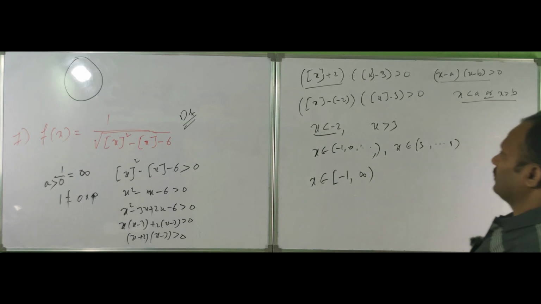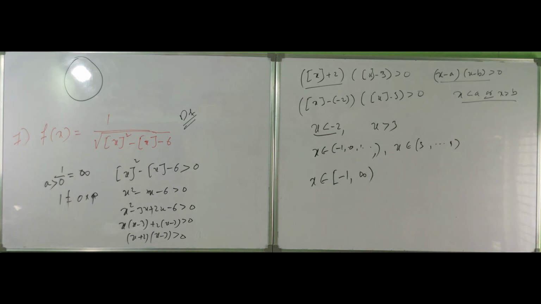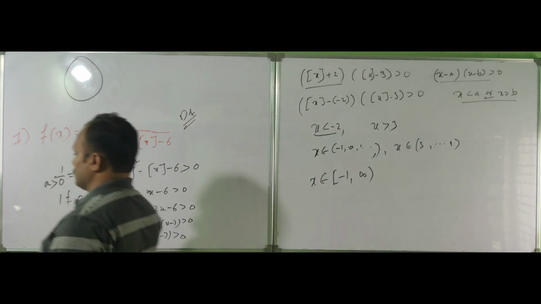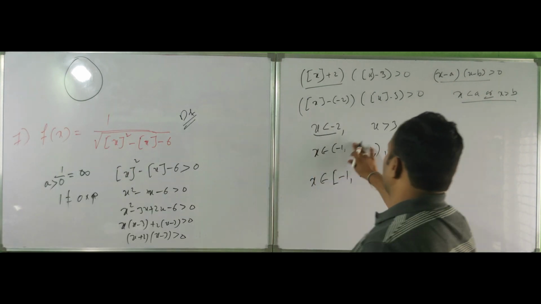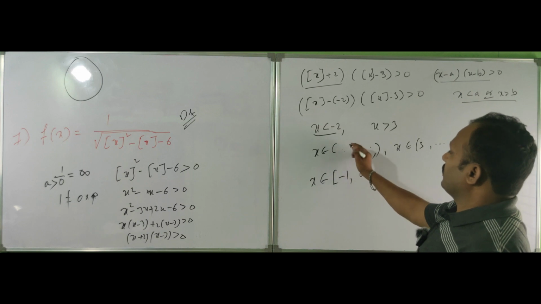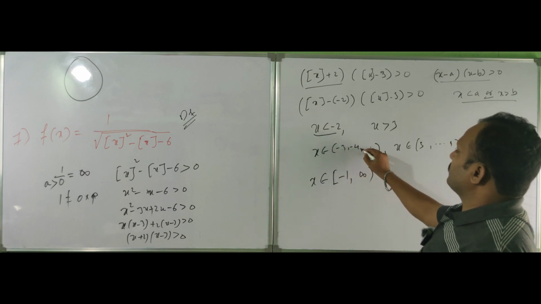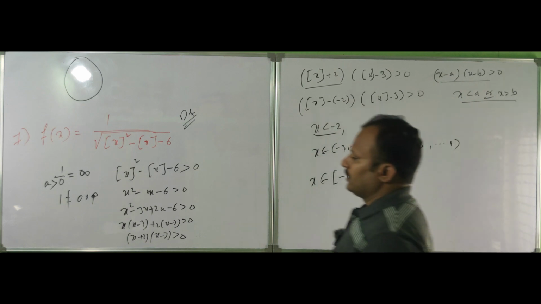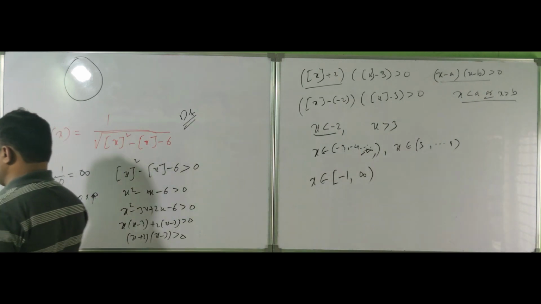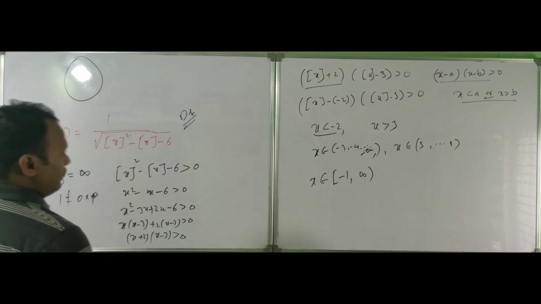The x value is less than minus 2, so less than minus 2 is minus 2 here. Less than minus 2 means minus 4, minus 3, minus 4 up to minus infinity. Then minus 2 in reverse order.